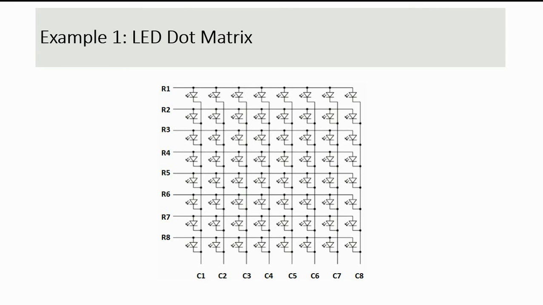In actual, the dot matrix does not know how to display a character like your LCD. An LCD has an on-chip microcontroller to understand the ASCII value that you are giving to your LCD through the microcontroller. So the LCD understands the ASCII value and displays the character. But in an LED dot matrix, there is no such microcontroller that can directly receive the ASCII value and display the character.